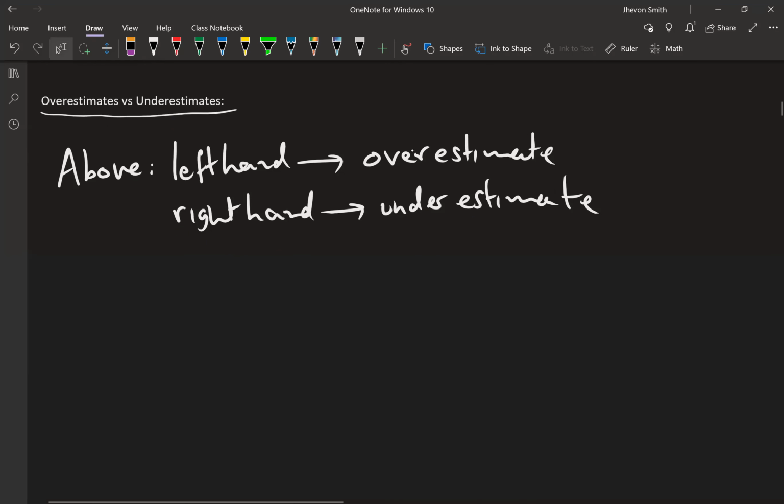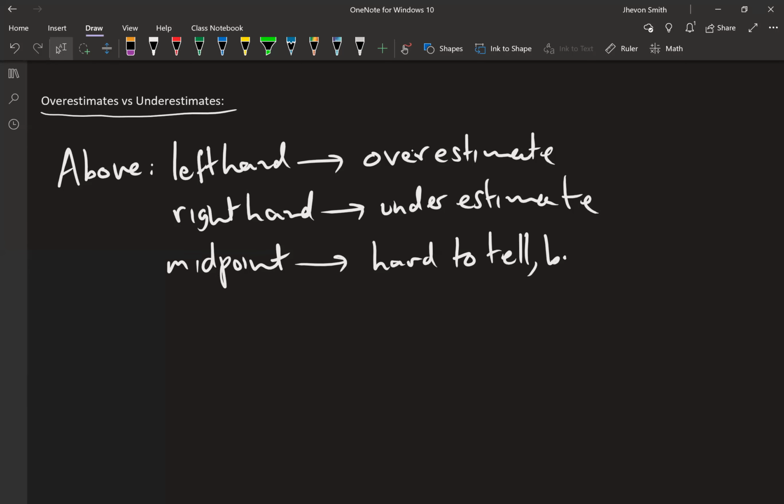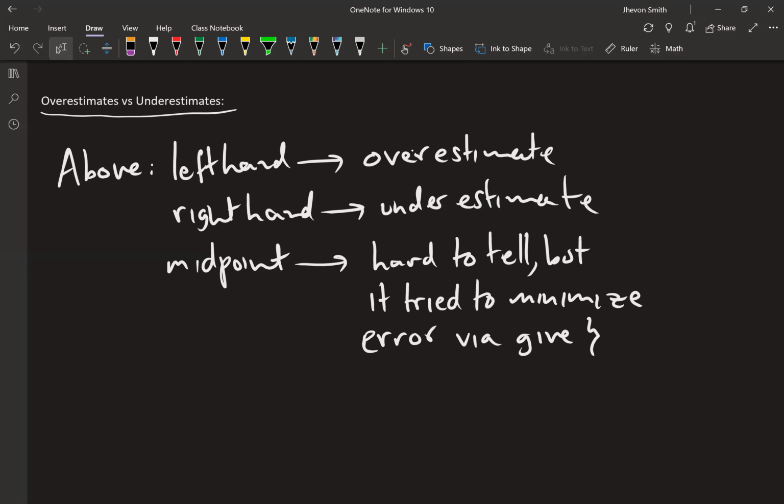The midpoint, it's hard to tell whether it's an overestimate or underestimate, but it tried to minimize the error via a give and take, right? So that's the situation here.